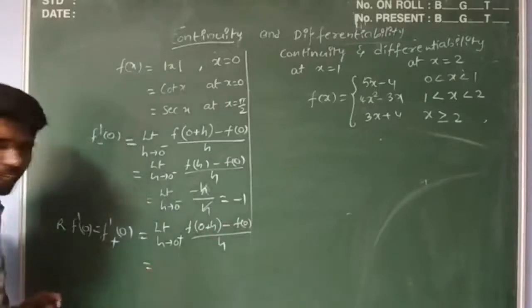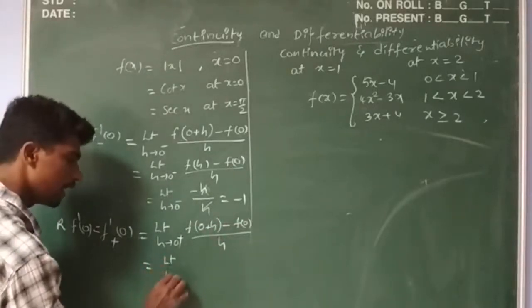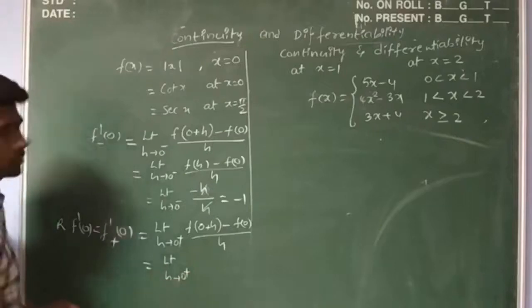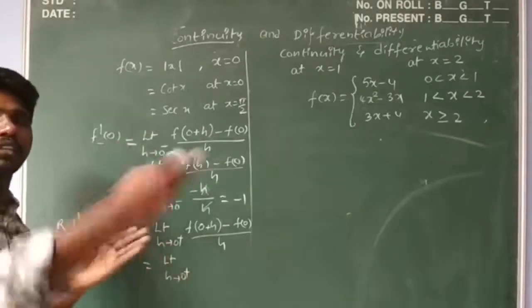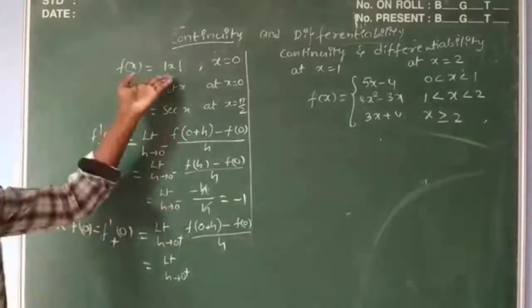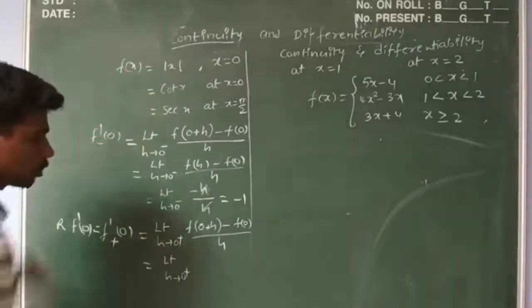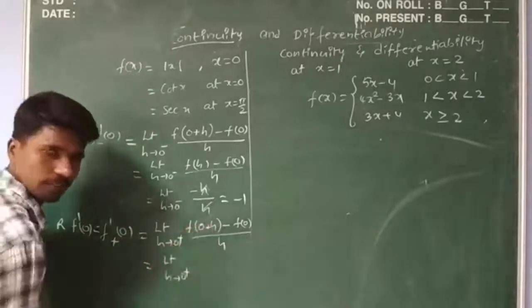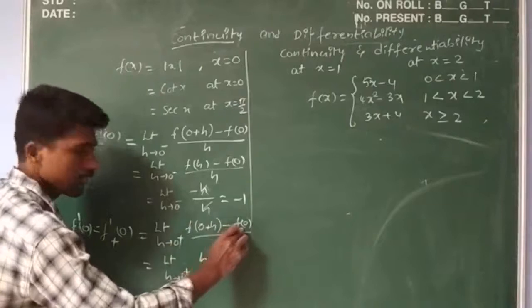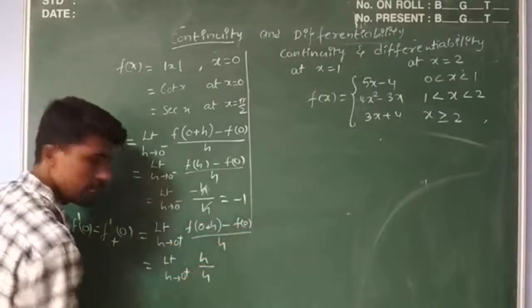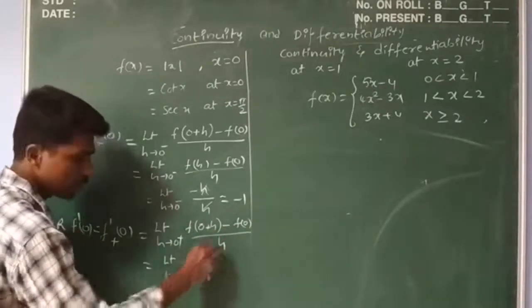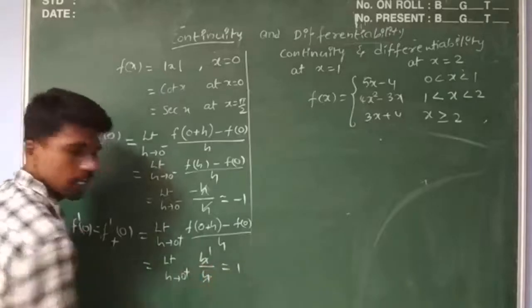If the values are slightly more than 0, for positives, modulus of x acts as x. So modulus of h acts as h, minus f(0) is 0, by h. h and h get cancelled one time. So what I get? I'll get 1.